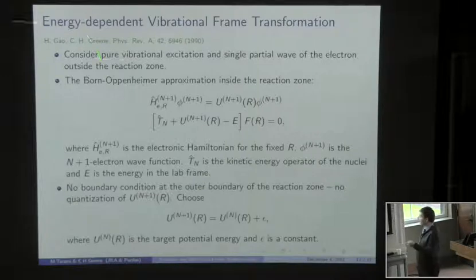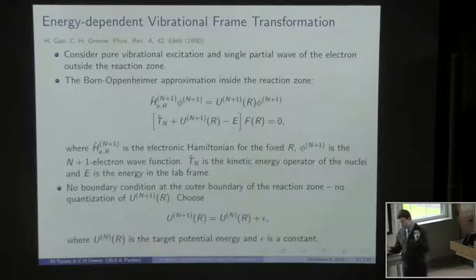So this theory, as it was developed and published in 1990 by Hong Gao and Chris Green, is based on the assumption that in the inner region the Born-Oppenheimer approximation can still be valid inside the reaction zone. So when the electron enters the reaction zone, it still will be accelerated sufficiently that the Born-Oppenheimer approximation can be applied, and the n+1 particle Schrödinger equation can be separated in this way.